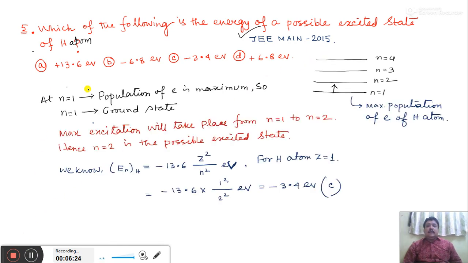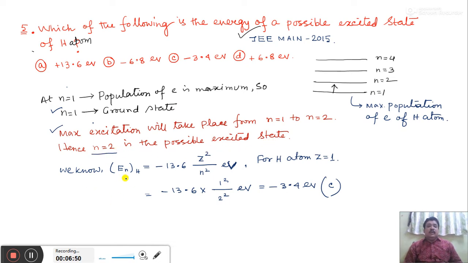Now in the case of H atom, in n equal to 1, maximum population of electrons takes place. So n equal to 1 is taken as the ground state and the first excitation will take place from n1 to n2. Hence n equal to 2 is a possible excited state.